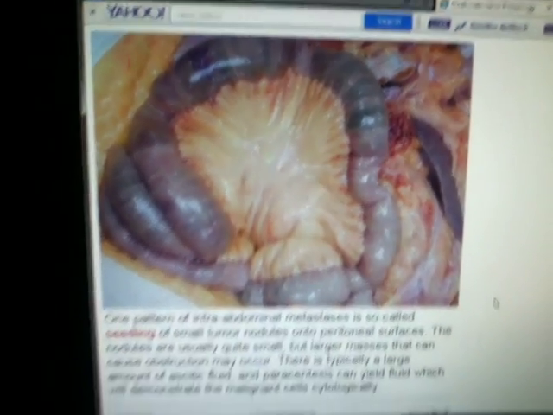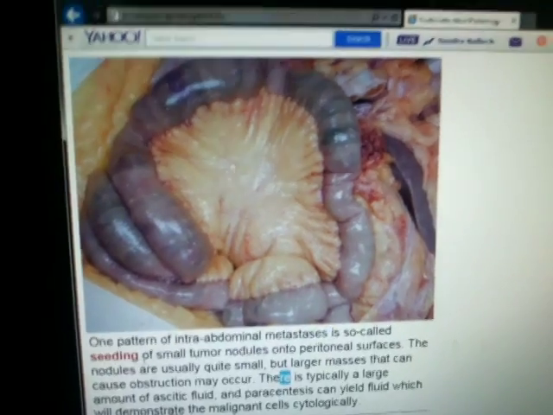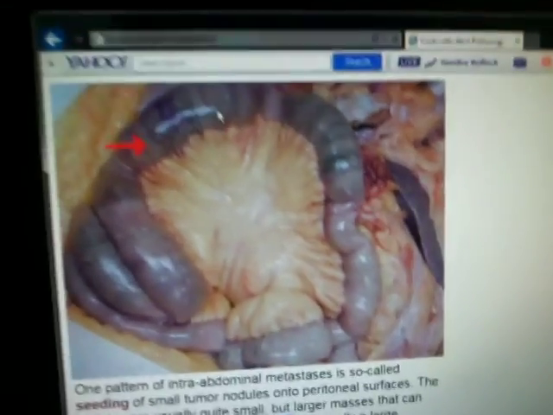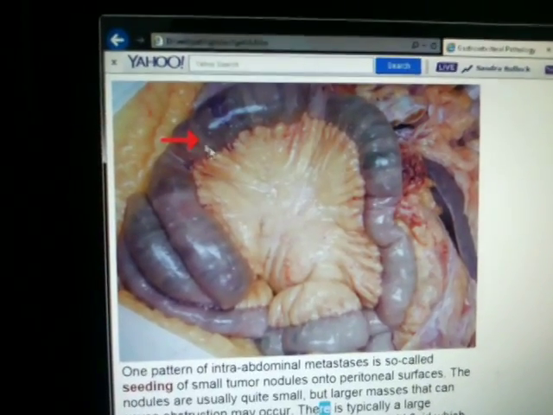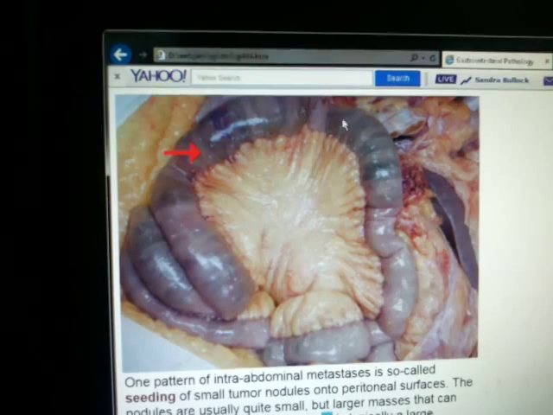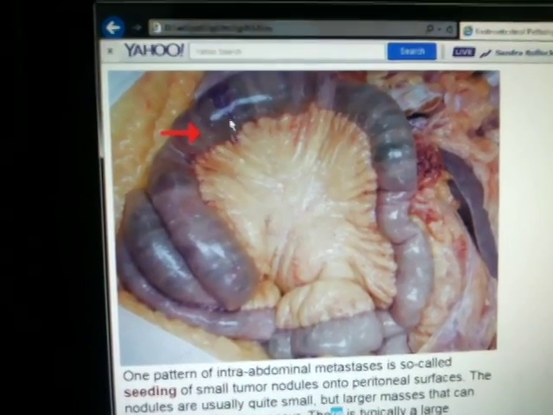Another example of a pattern of metastasis, intra-abdominal metastasis, is what we call peritoneal seeding. Peritoneal seeding, because the nodules of the tumor look like seeds. So it's very important because it may be characteristic of some tumors over others.